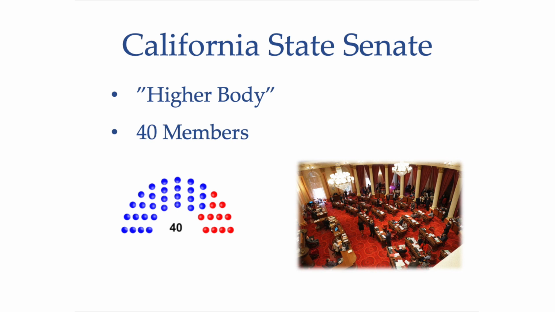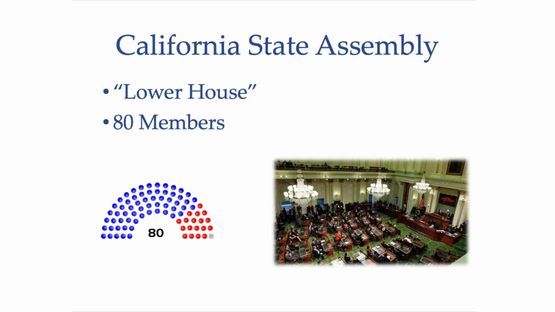So the California State Legislature is made up of the California State Senate and the California State Assembly. California state senators make up the higher body, or the smaller group of legislators in Sacramento, and the Assembly makes up the larger body, or the lower house.